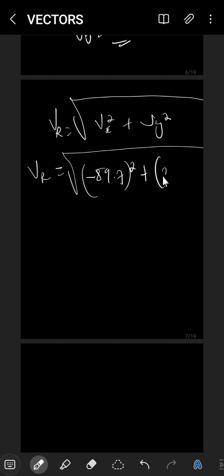Our y is 228.5 squared. Okay, you can just do negative 89.7 squared plus 228.5 squared, then take the square root of that whole thing.